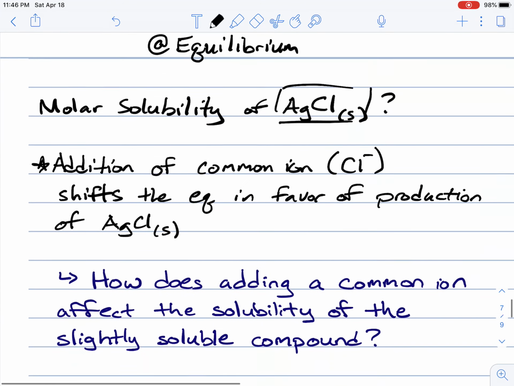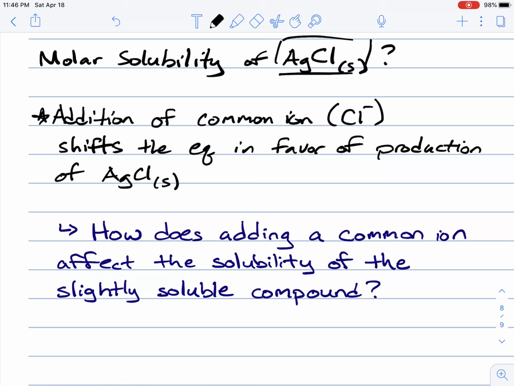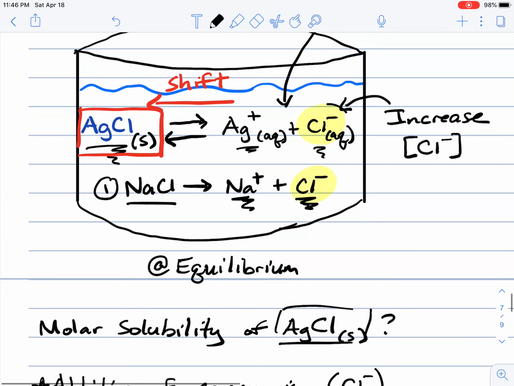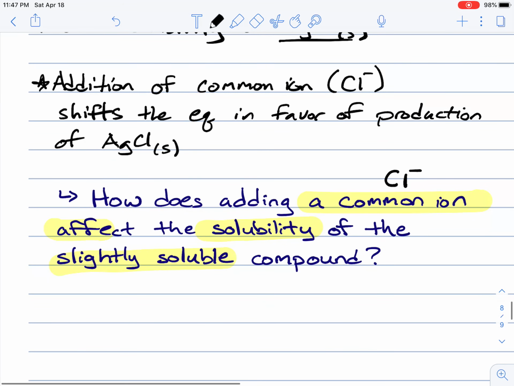Now what we want to do is take it one step further and ask ourselves, how does adding a common ion affect the solubility of the slightly soluble compound? And so in this scenario, remember the common ion was chloride because that's the ion that both these equations have in common. And so the slightly soluble compound that we're referring to is silver chloride.